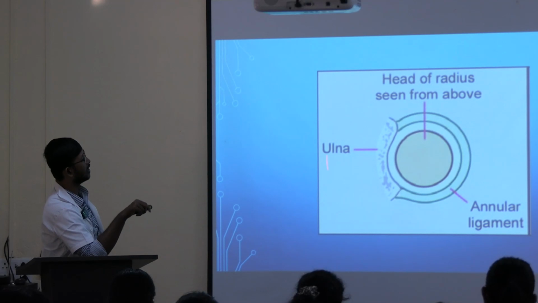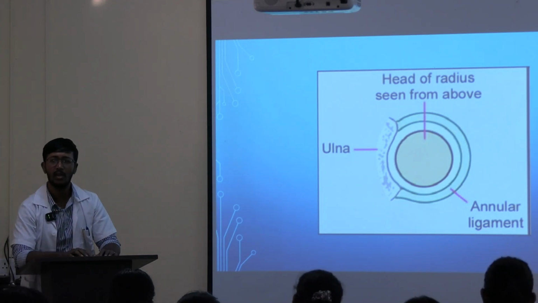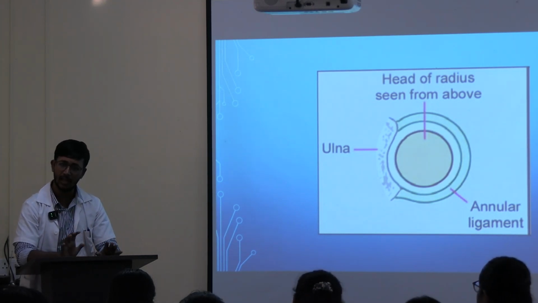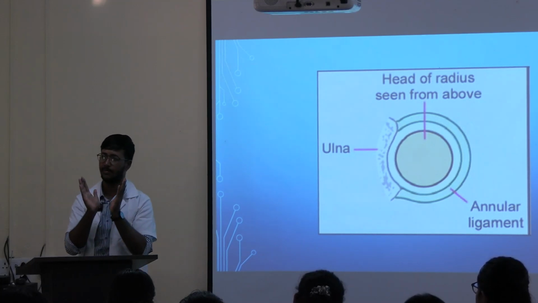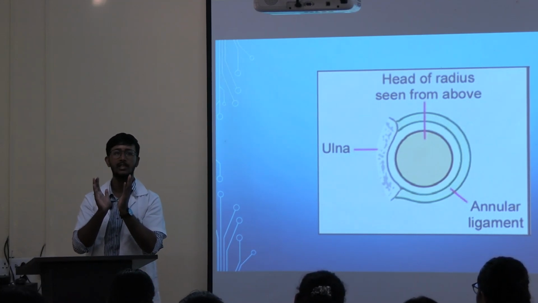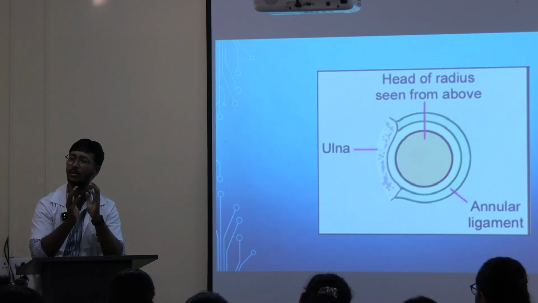The remaining part is the ulnar notch, where the ulna attaches, and here it is the annular ligament. Now, why is this annular ligament important? Because in adults, the annular ligament is cylindrical in shape, but in children, it is tubular in shape. So, what problem will it cause?